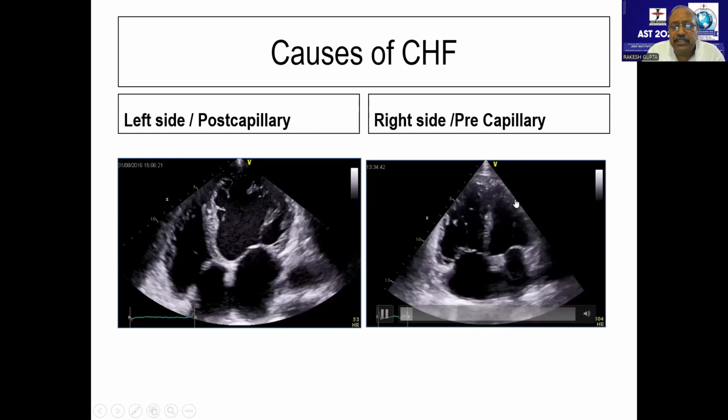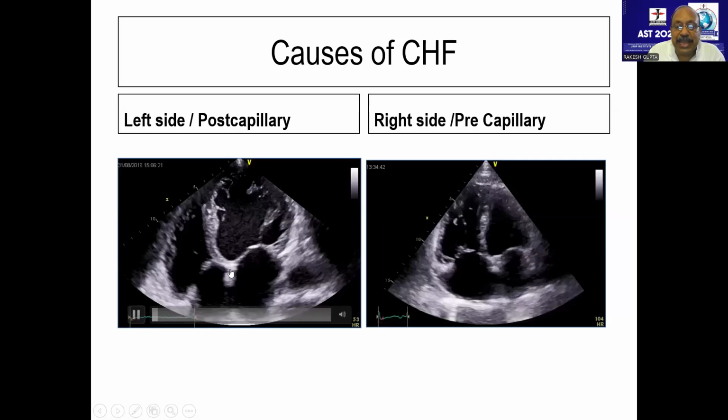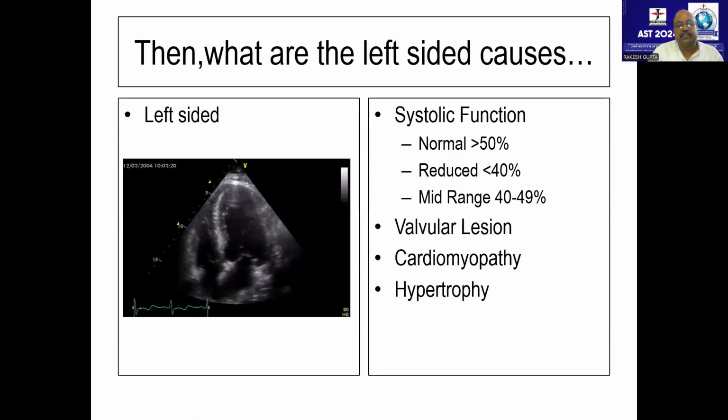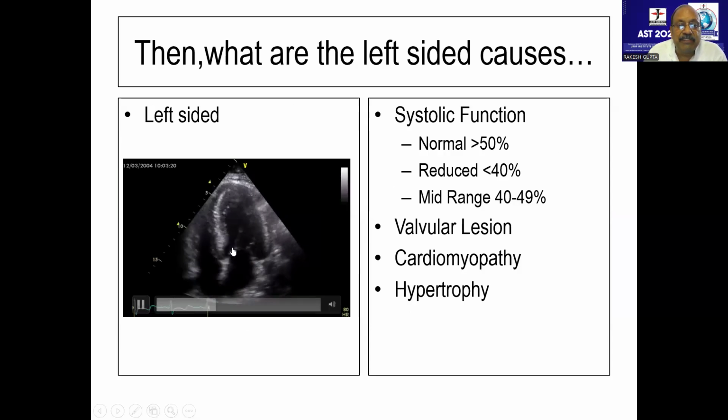But you may have a patient where your LV function is normal, as seen in this particular window, but your LA pressures are elevated, or your LA is as big as this, which is known as heart failure with preserved ejection fraction. Now, this is the patient we were discussing.